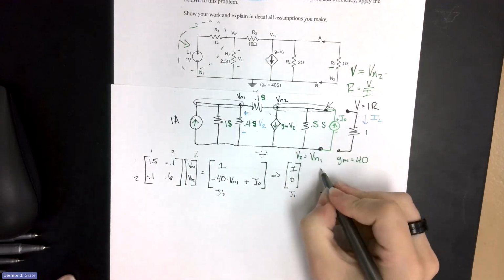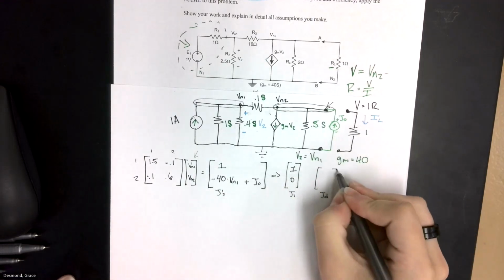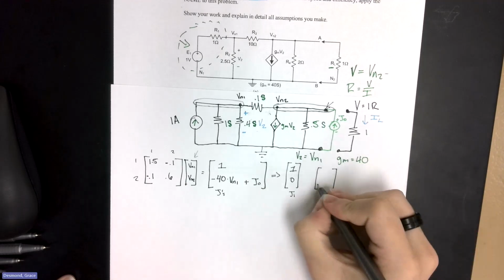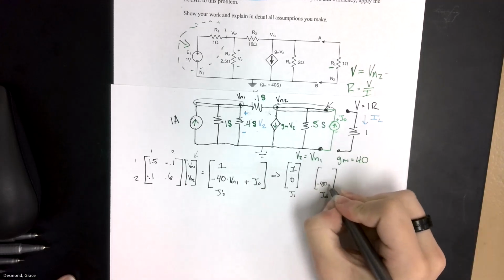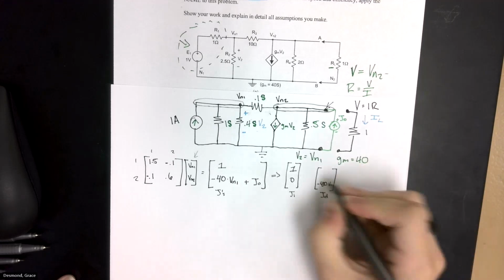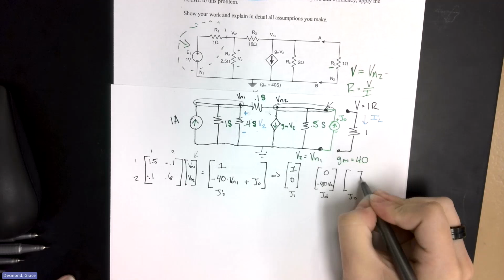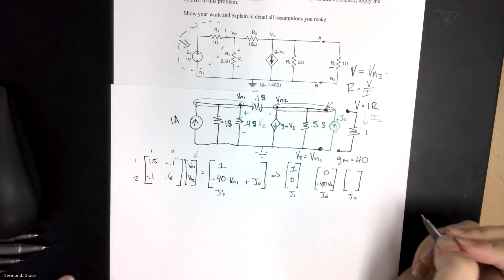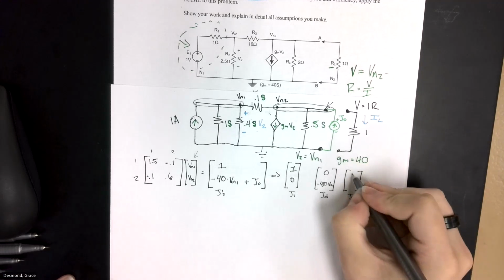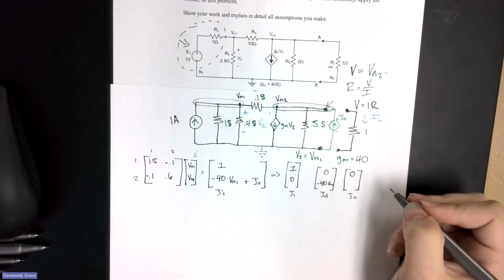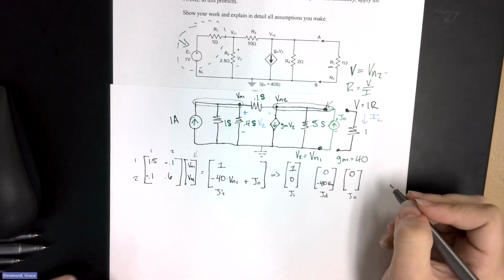What about JD? We'll write it again. And then J naught, we can either do 0, 1, or we can just do 0 J naught. Up to y'all. Cool.